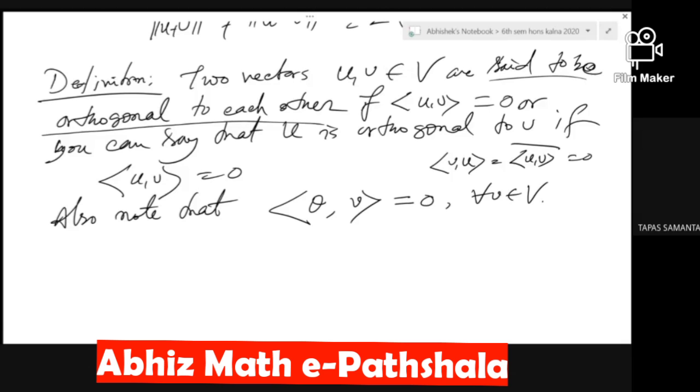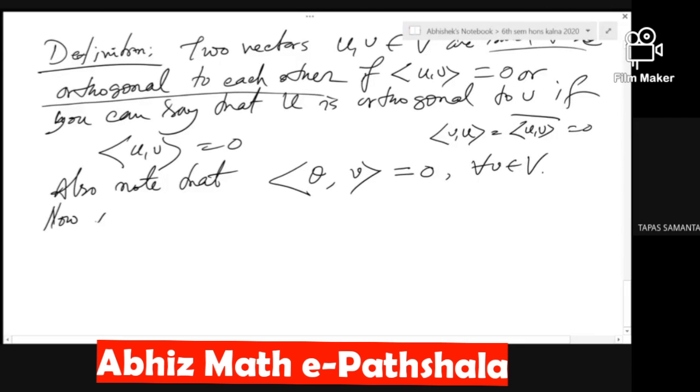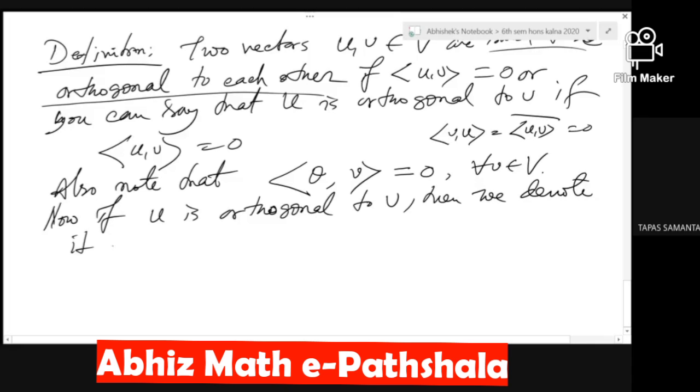Now, if u is orthogonal to v, then we denote it by u perp v. This stands for perpendicularity.